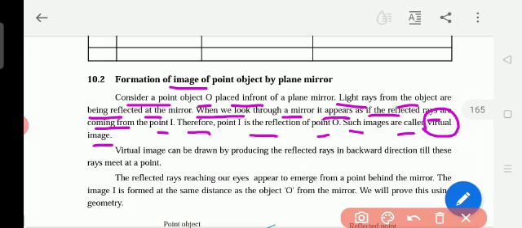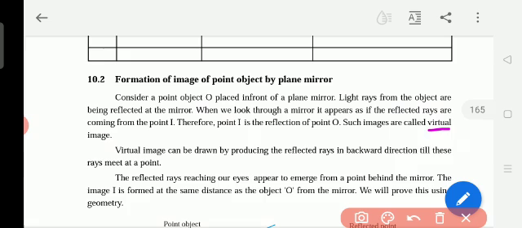Virtual means not real. If we stand in front of the mirror, we are real. When we are seeing our image in the mirror, it is not real, so it is called virtual. Just write this: virtual means not real image.